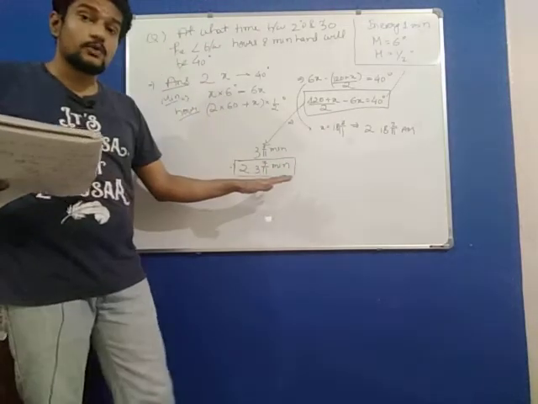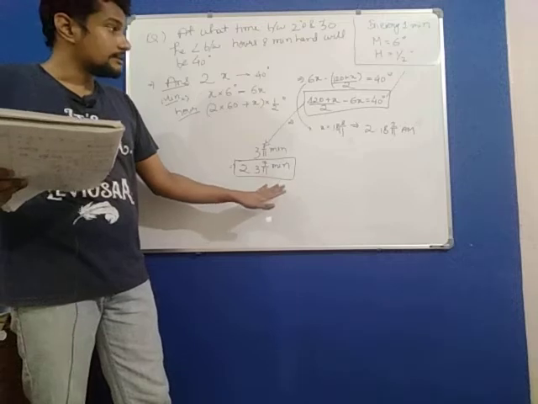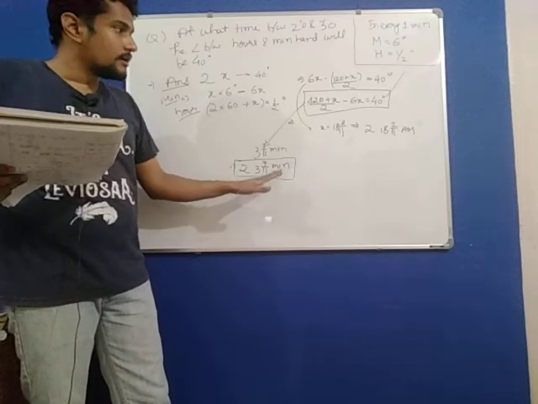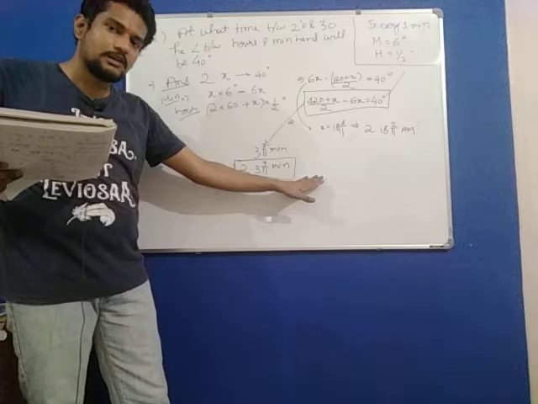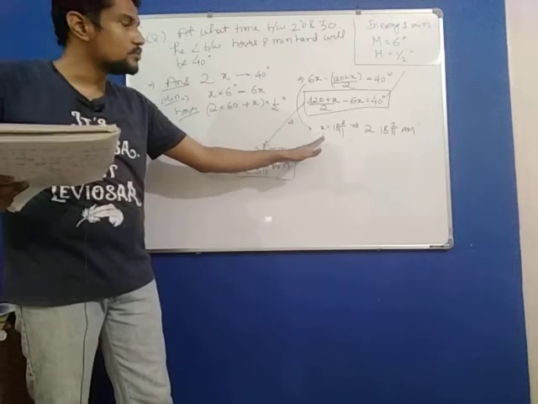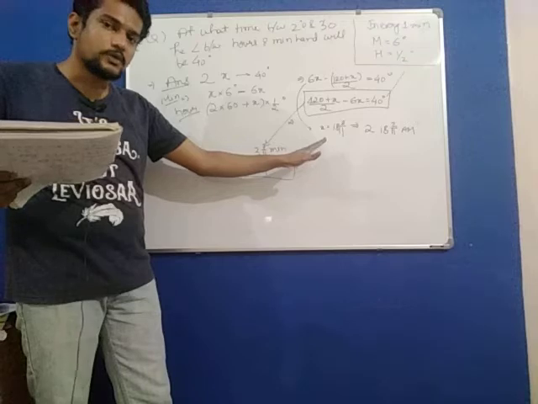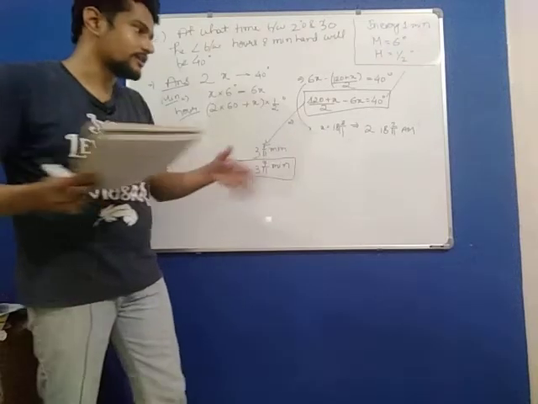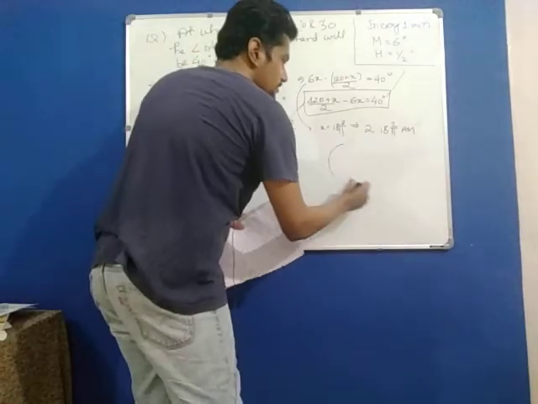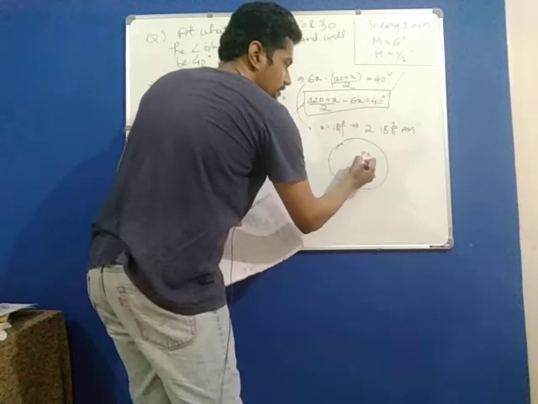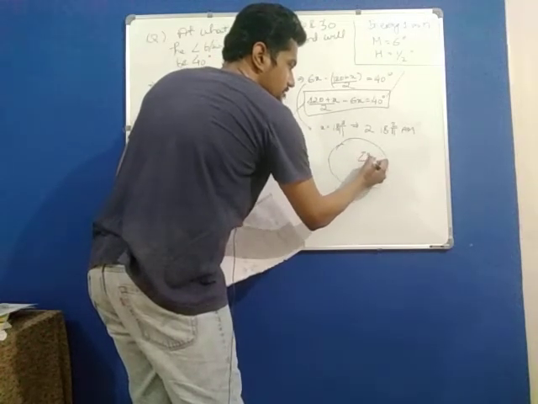Now as far as the question is concerned, why have we obtained two answers? Because if you recall the diagram that we initially made, there will be two such time instants between 2 o'clock and 3 o'clock at which the angle subtended between the hour's hand and the minute's hand can be 40 degrees, because this is 2 o'clock and this is 3 o'clock.